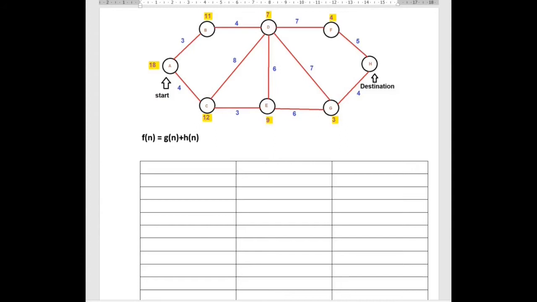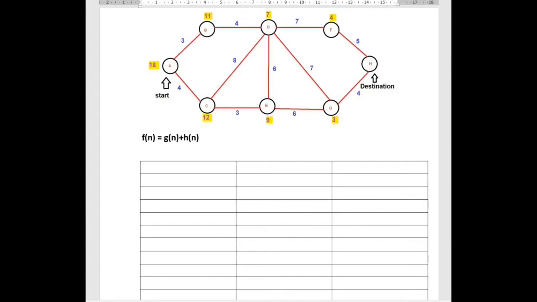In this diagram, you can see that we are going to start from A and our destination point is H. Whatever I have marked with the yellow background is the heuristic value of that particular node, and the blue digits which you can see on the path are the cost of reaching that particular point. So we will start from A.